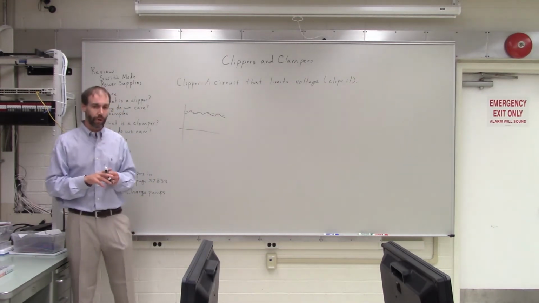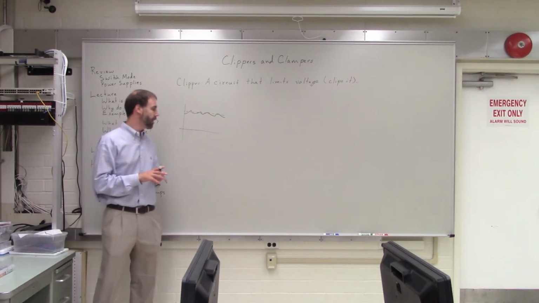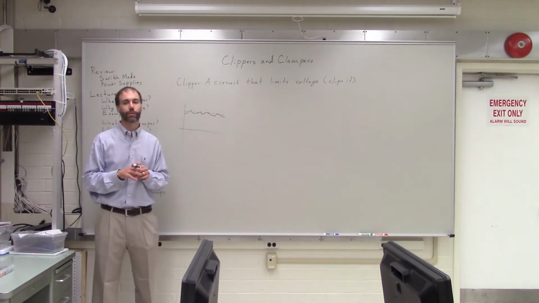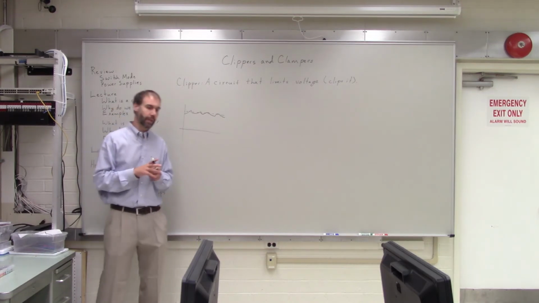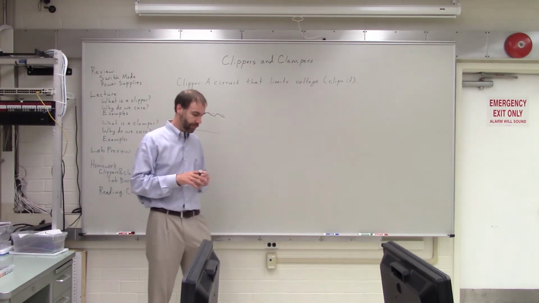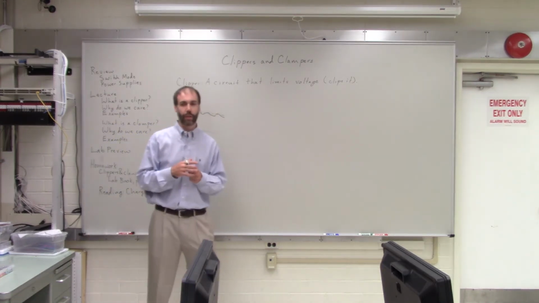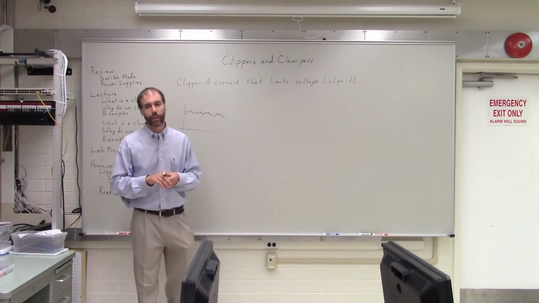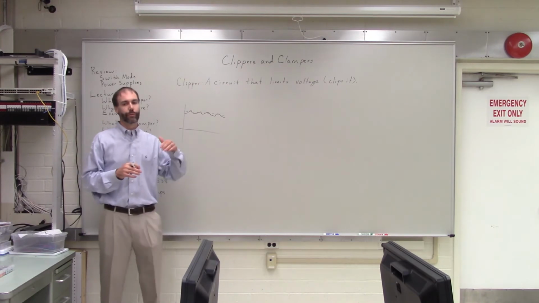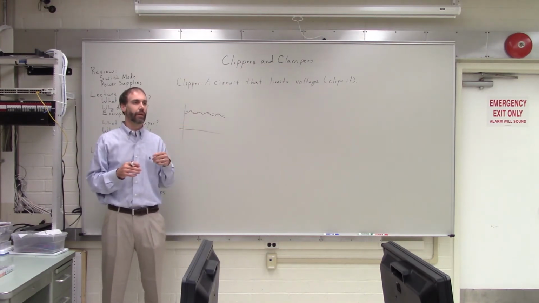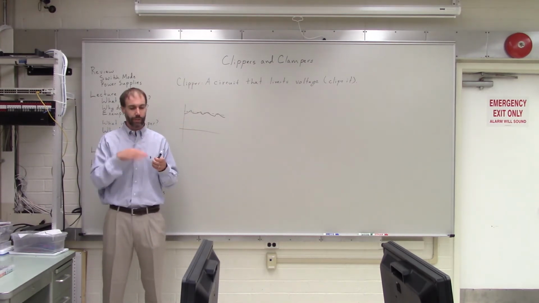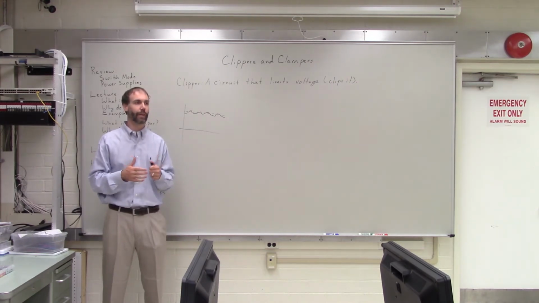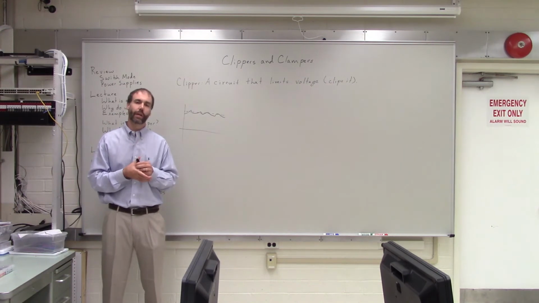Well, one of the most common places that they're used is in safety circuits or protection circuits. So say you've got an expensive piece of equipment, and you know that it can tolerate a maximum of 10 volts coming in. Normally it likes to have its power coming from a 9-volt battery, and it's perfectly happy with that, but it can withstand up to 10 volts.